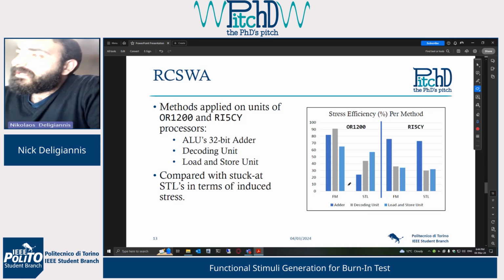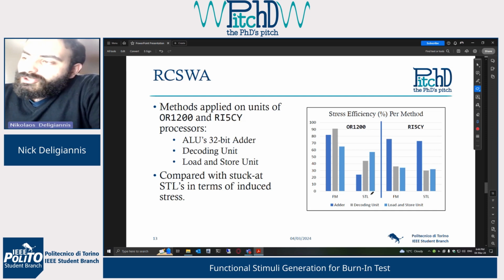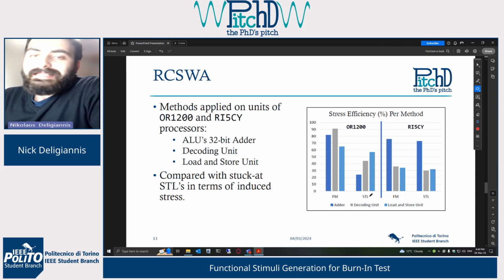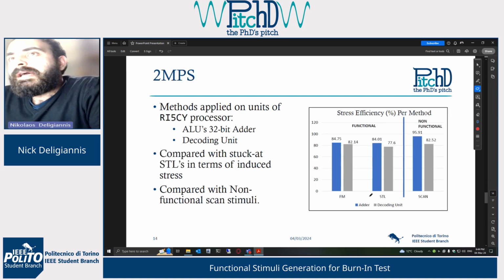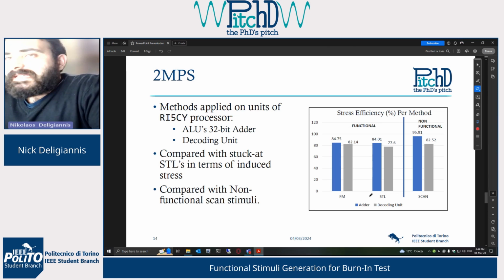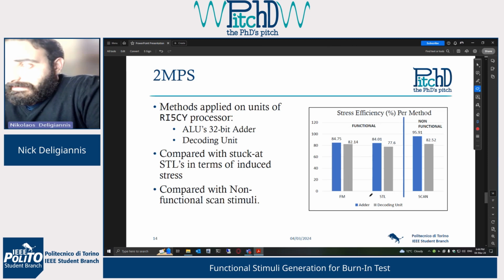As we expected, for both of the circuits considered, the formal method's solution outperforms the segment extracted by the software test library. When it comes to the second metric, the multi-point switching, we once again have the software test library to compare with. As stress targets, we have the 32-bit adder and decoding unit now of the Ibex processor.